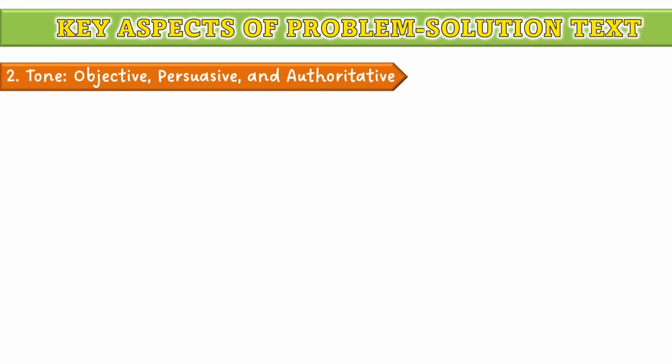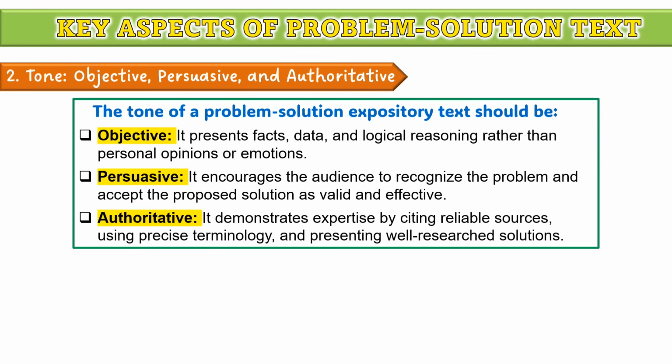Number 2. Tone. Objective, persuasive, and authoritative. The tone of a problem solution expository text should be objective. It presents facts, data, and logical reasoning rather than personal opinions or emotions. Persuasive. It encourages the audience to recognize the problem and accept the proposed solution as valid and effective.